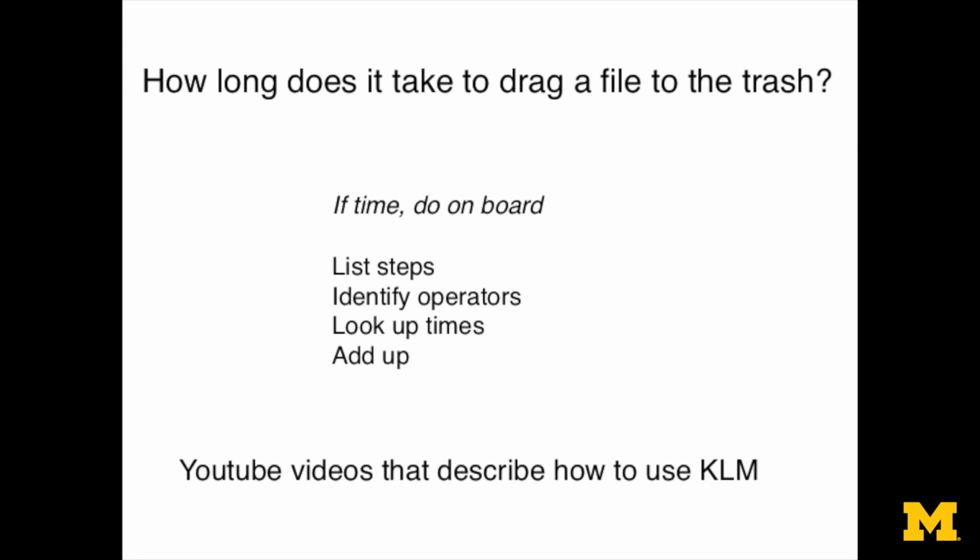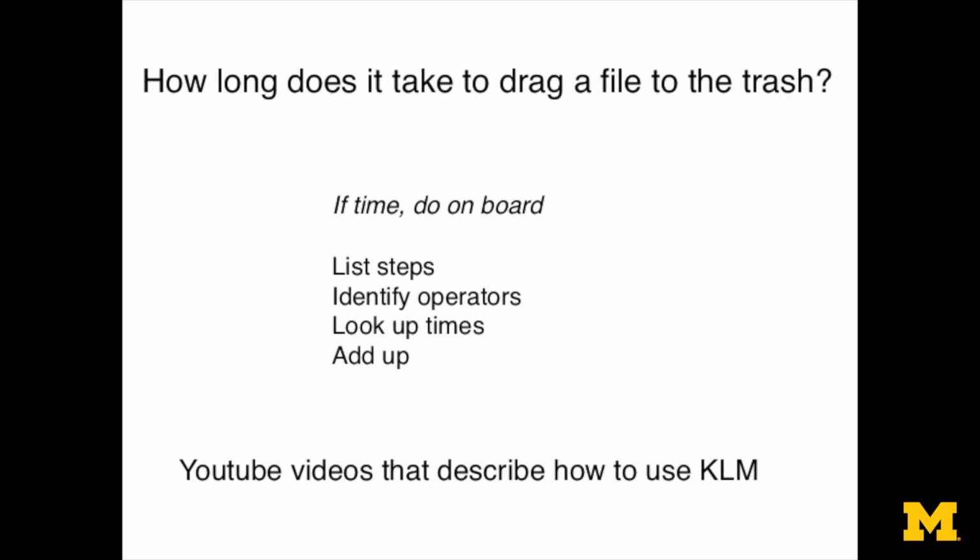All right, so with that, let's look at a simple example. Let's imagine I was going to take a file that I had on the screen, an icon, and I want to drag it to the trash. What are the steps I would go through? Don't worry about the elements in the keystroke-level model.